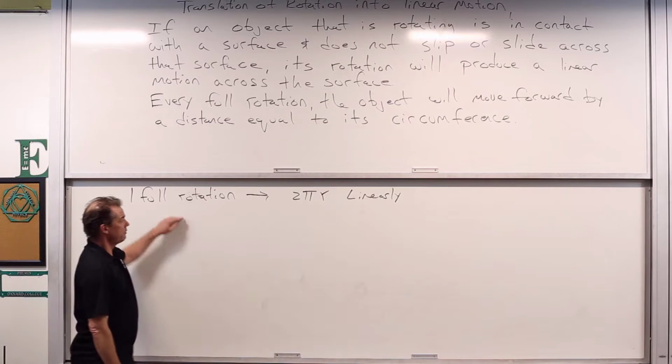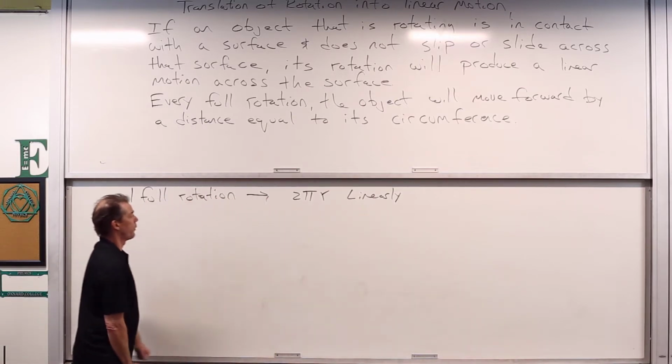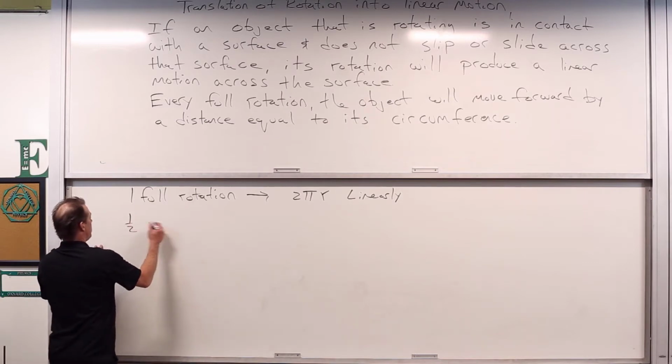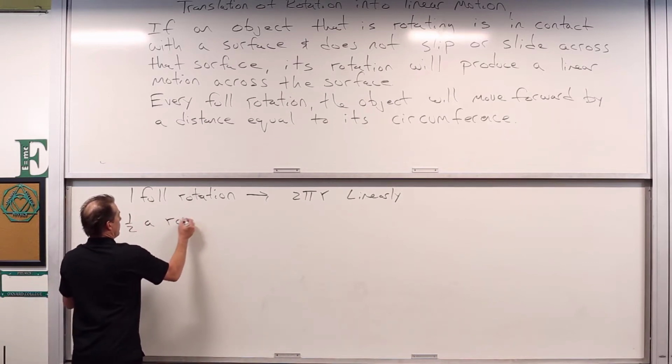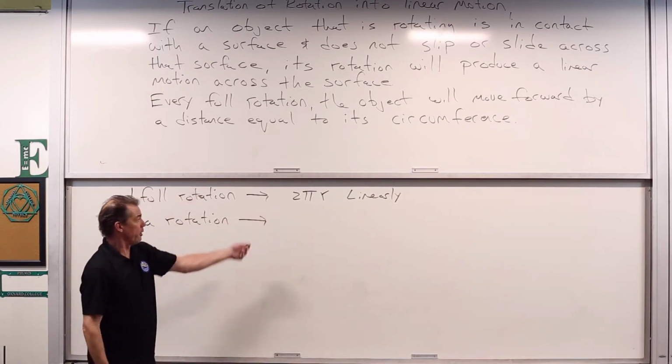So one full rotation, there's the circumference of a circle, 2 pi r, and that's how much it moves forward linearly. One half a rotation goes to 2 pi r divided by 2, right?